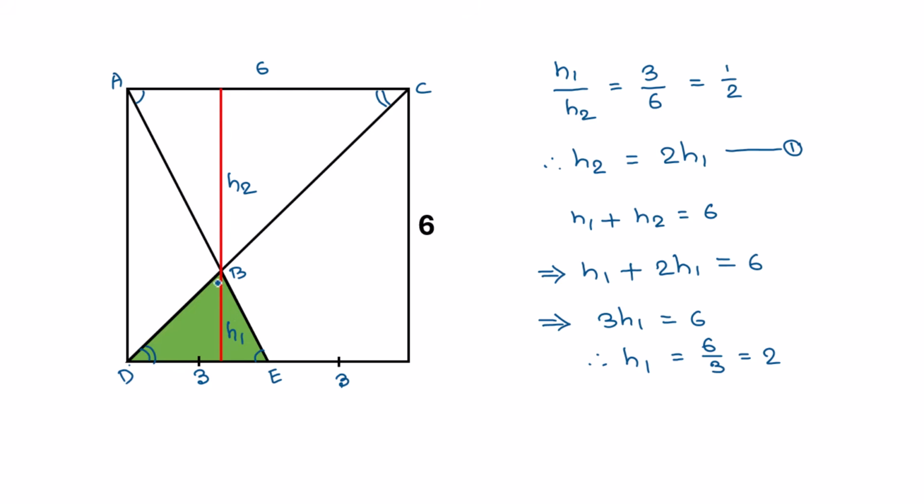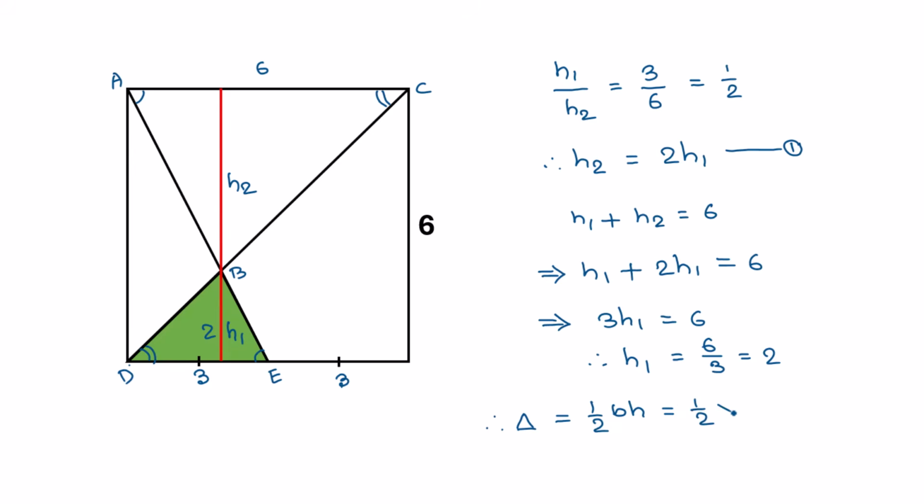So the height of this green triangle is 2 units, and we have base equal to 3 units. So the area of this triangle will be half times base times height. Now substitute these values.